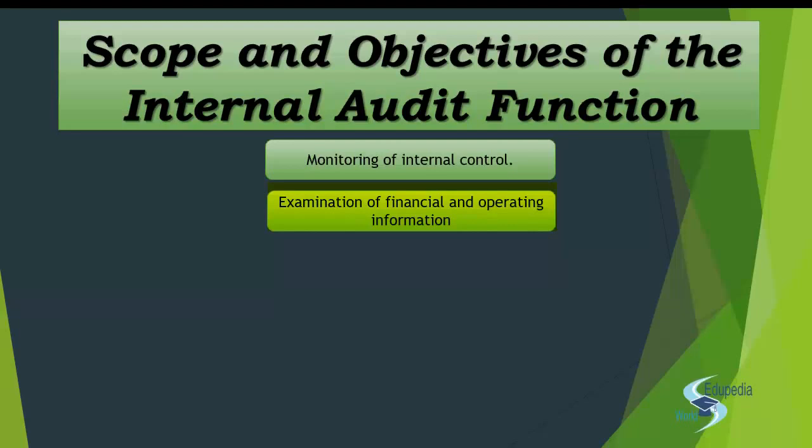So you have to perform a detailed examination of the financial and the operating information that you have. Right? And financial information are actually the core. You as a statutory auditor, a major portion of your audit would cover the examination of the financial data. Right?